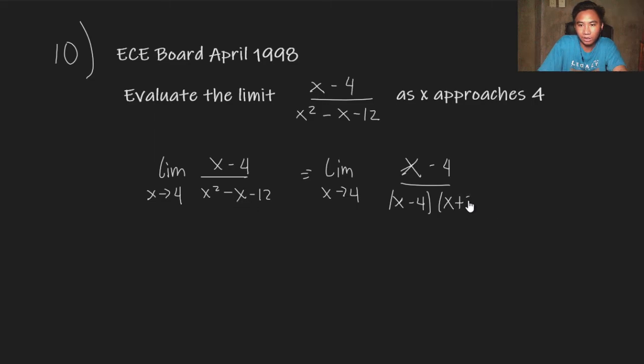Panigurado na yon. And then, we have x plus 3. So, another way, sa calculator kasi merong mode 5-3. Just click nyo lang yan. Mode 5-3. And then, type nyo yung coefficient niya. 1 equals, and then negative 1 equals, negative 12 equals.